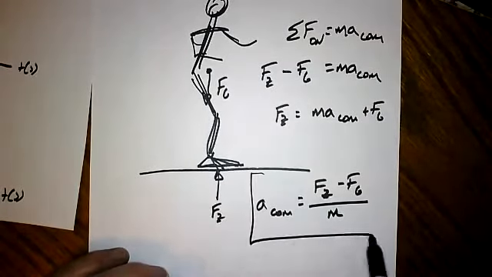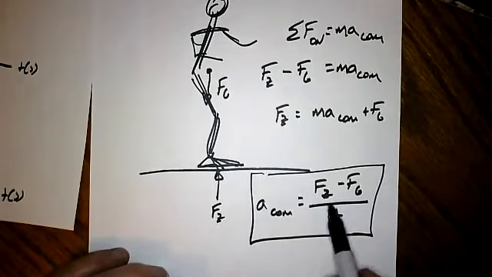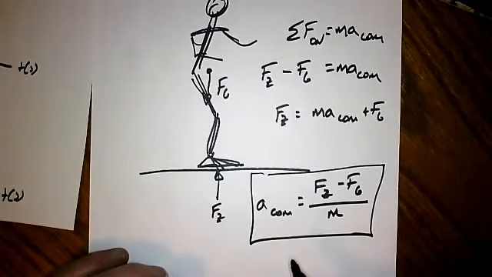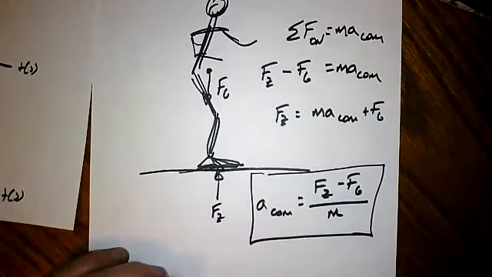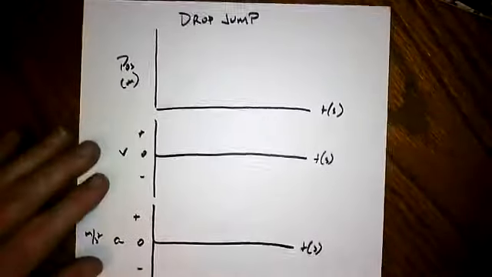It's super easy to get kinematics when we know all the forces acting on the object. And in this case, we do. There are 2 forces acting on the object, and we've got them in the numerator. We know the mass of the person, and therefore we can figure out the center of mass acceleration of the person. So let's come back over here.